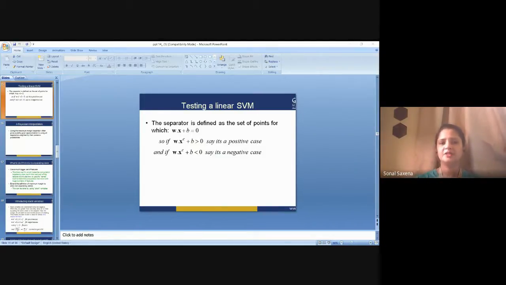So this function is 0 if the constraint is satisfied, or in other words, if x_i lies on the correct side of the margin. Now for data on the wrong side of the margin, the function's value is proportional to the distance from the margin. So this is exactly what the soft margin is about. So SVM gives both of these margins, you can have hard margins and you can have soft margins.